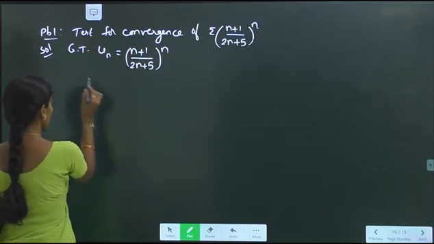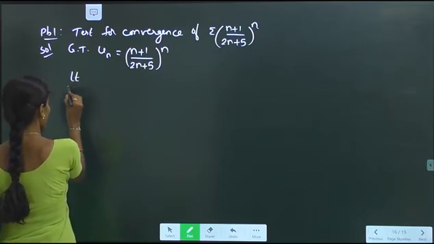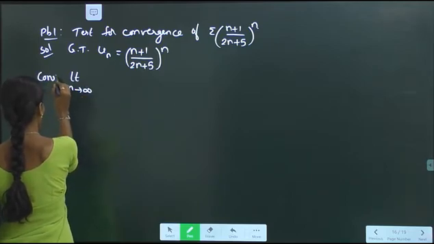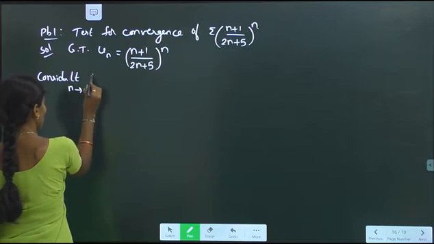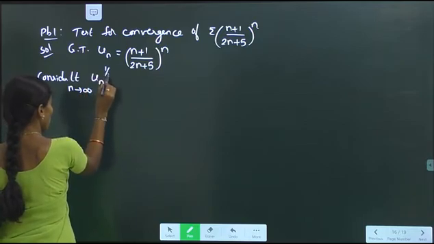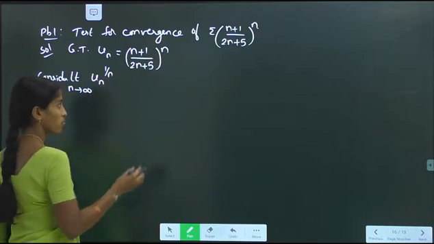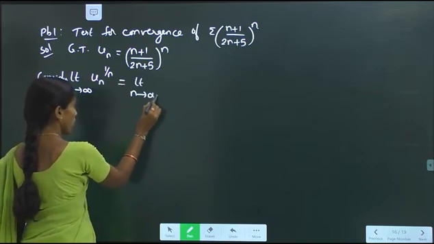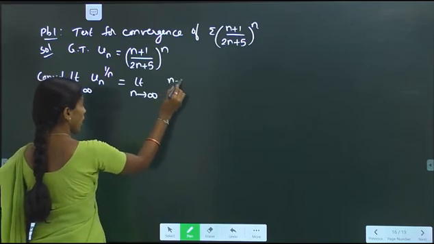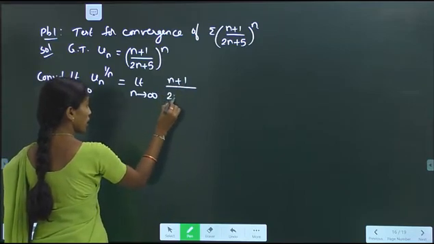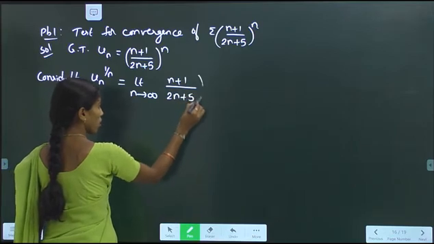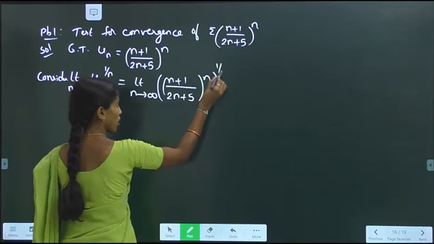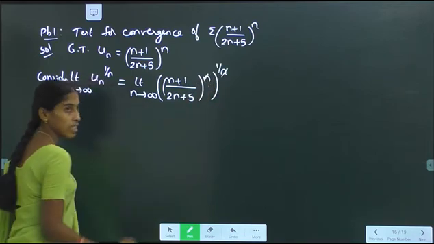Now find out limit n tends to infinity un to the power 1 by n. What is un? n plus 1 by 2n plus 5 whole to the power n, whole to the power 1 by n, and n gets cancelled.